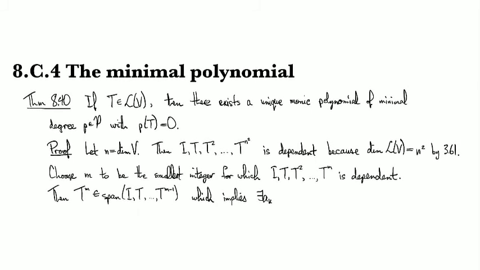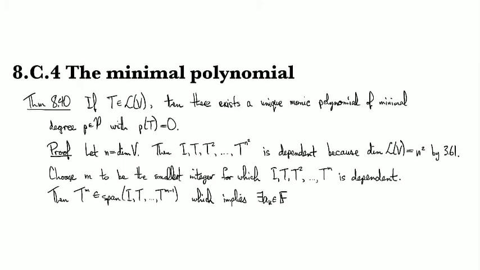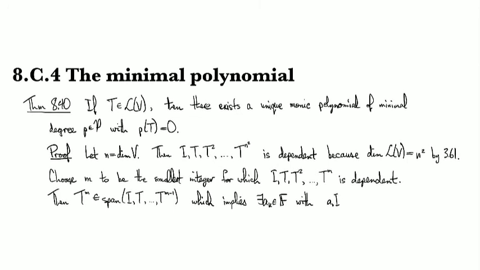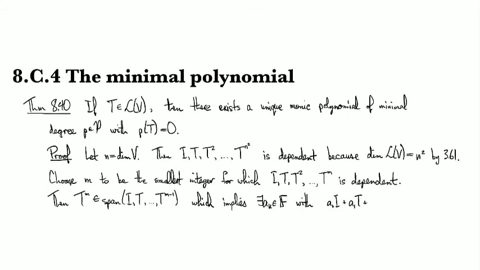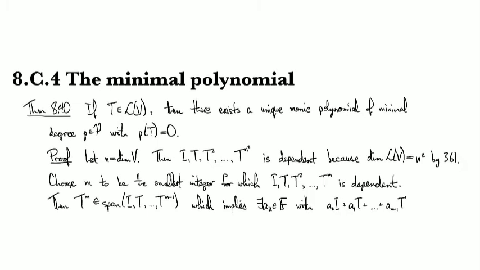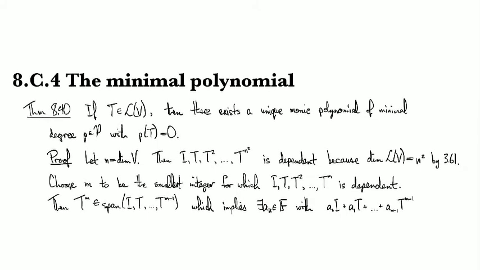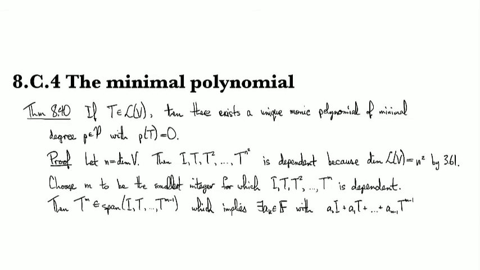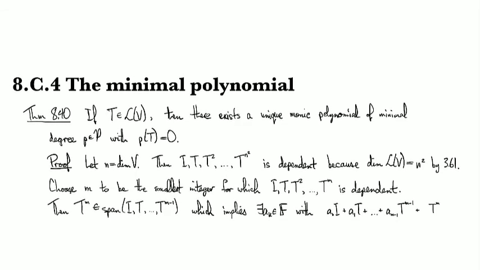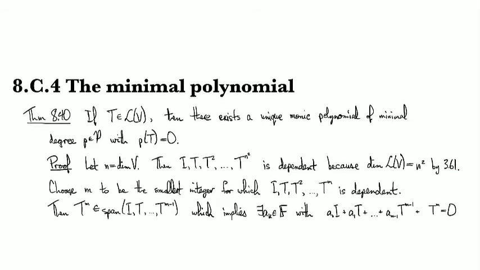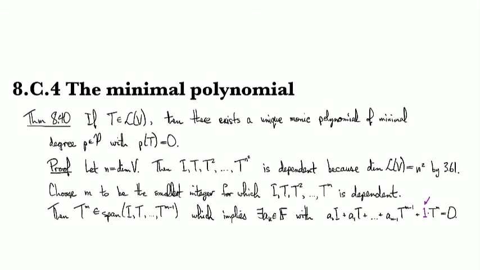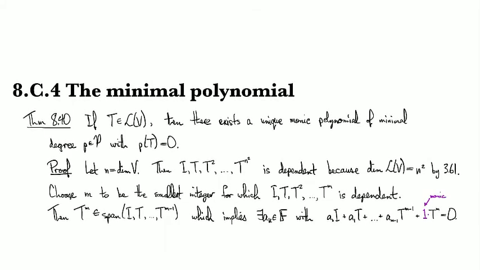there exist coefficients a_k in our field with a_0 times the identity plus a_1 times T plus up to a_{m-1} T to the m minus 1 being equal to minus T^m. And so then if I put T^m over here, I get 0. So I can solve this equation, right? And so here there's like a coefficient of 1, and that's precisely so that the thing that I get is going to be monic.